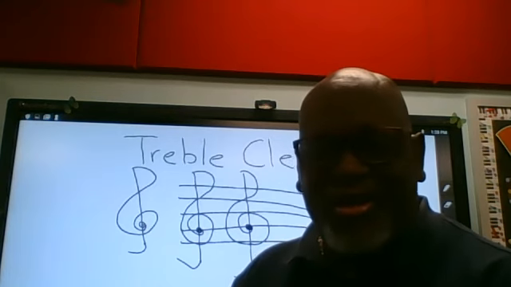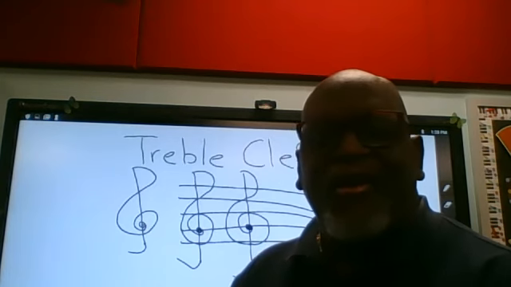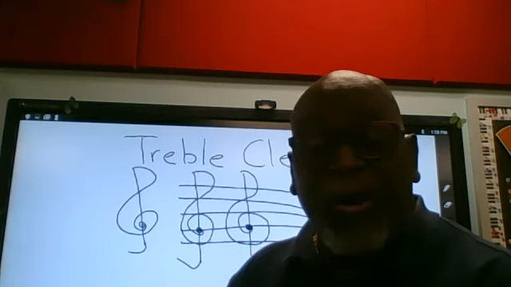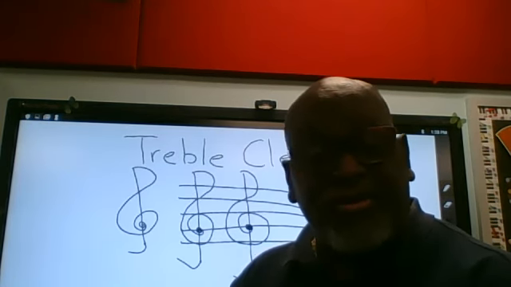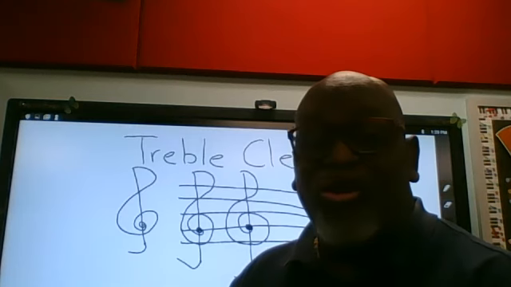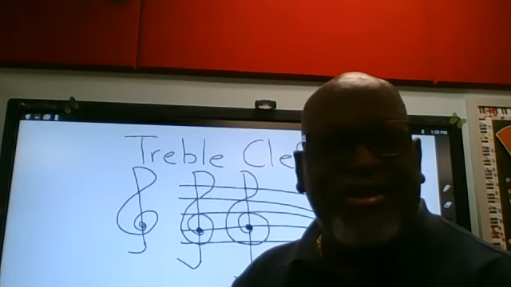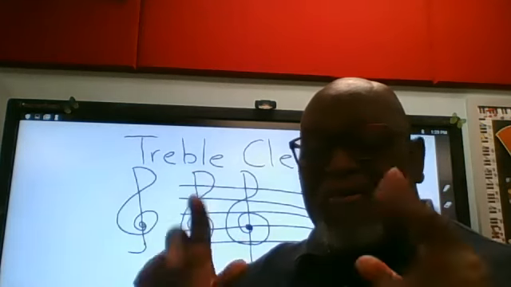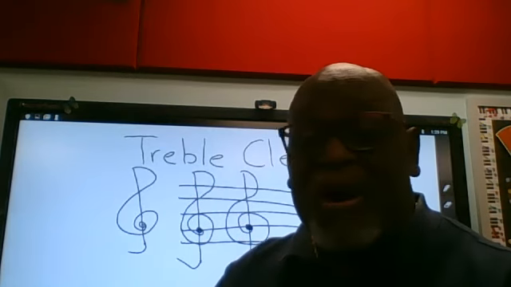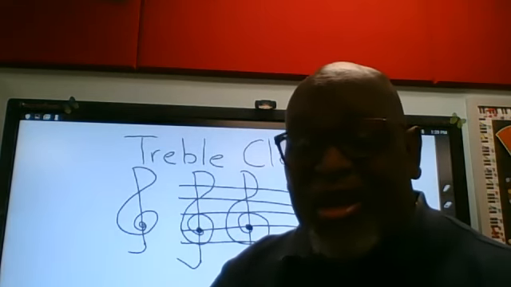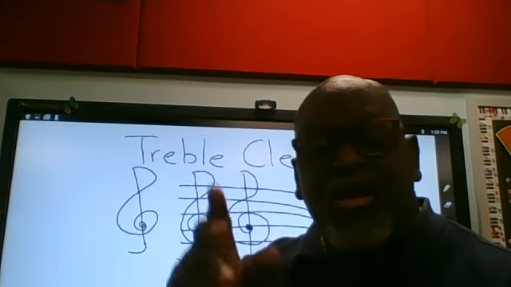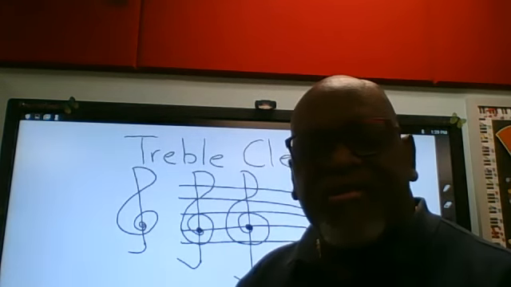Very good. Now, what is the symbol that represents high sounds? Treble clef. Very good. You got it. So if you leave here and you are able to talk about pitch, sound, and the treble clef, you have learned our lesson.